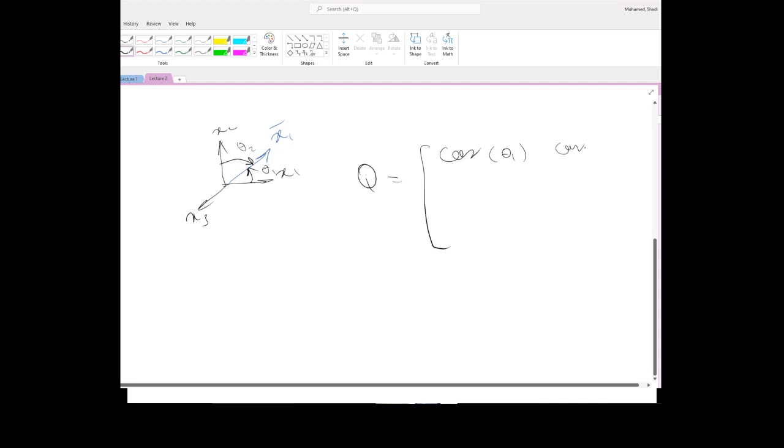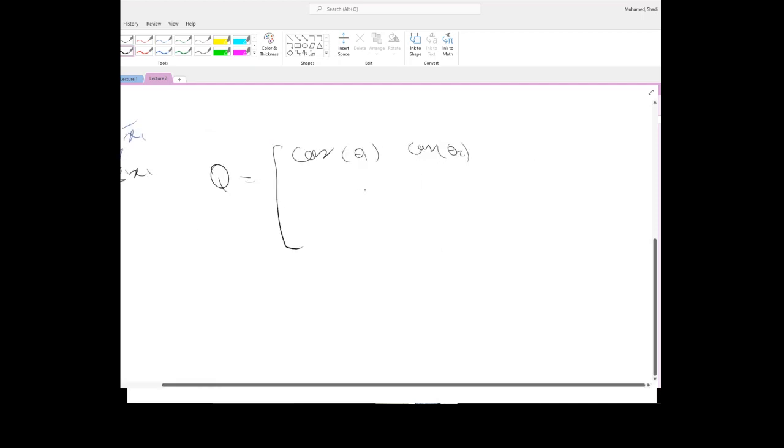You have cos theta 2. And then the third angle is the one between x3 and x1 bar. We call it theta 3, and this is cos theta 3. And you repeat the same thing for x2 dash, and for x3 dash.